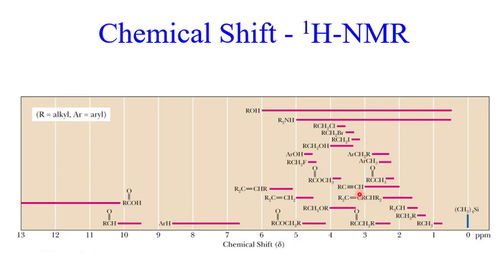If bonded with an electronegative functional group, oxygen or halogen, usually halogens come around 3 to 4, or carbonyl or sp2, those come at 4 to 6, and all aromatic protons appear above 6. From 6.5 it may go up to 8.5, and if it is an aldehyde or carbonyl proton, that will appear around 10, and if it is an acid, that will appear around 12 or 13.